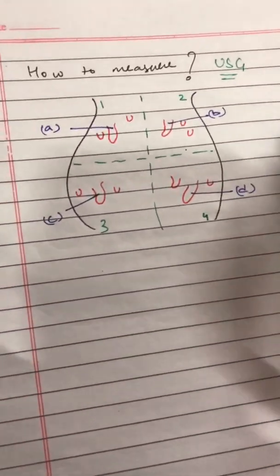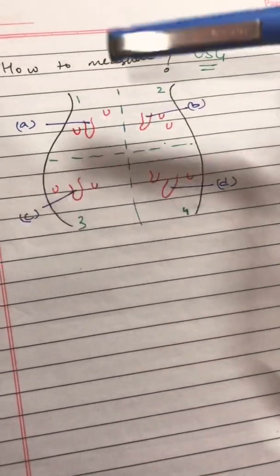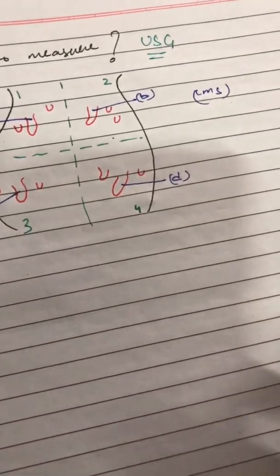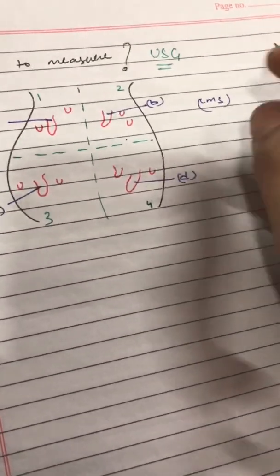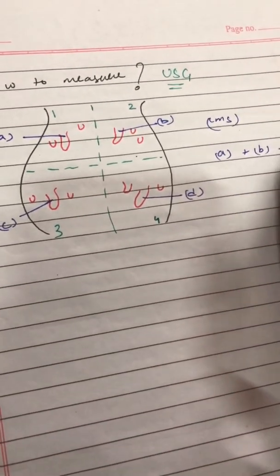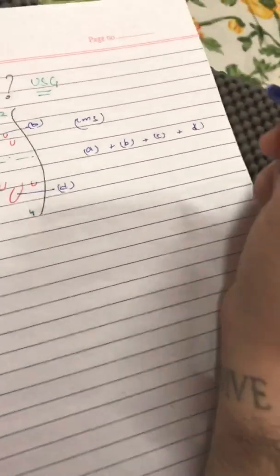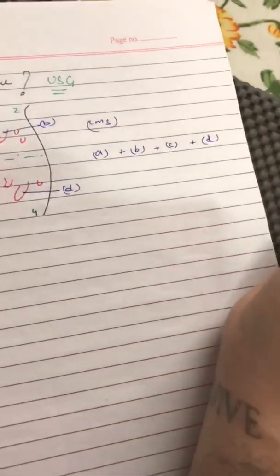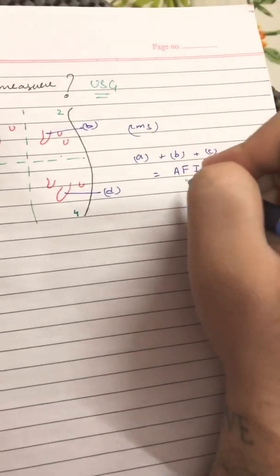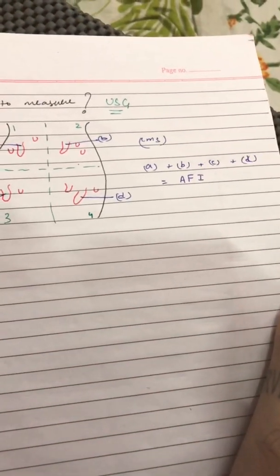In every quadrant we select the largest pocket, and we measure the length of these pockets in centimeters. Then we add them: A plus B plus C plus D. On doing this, I get the AFI, the amniotic fluid index.